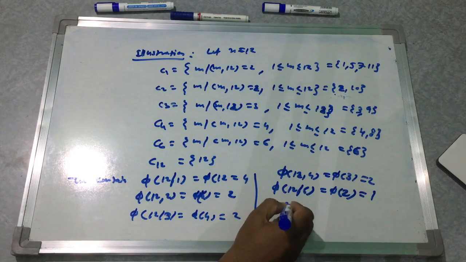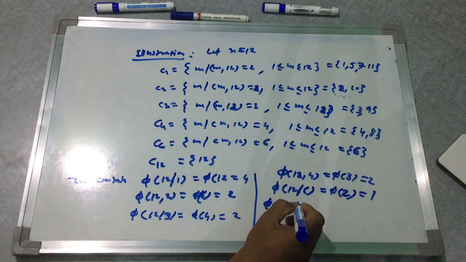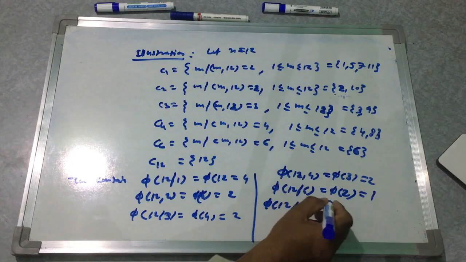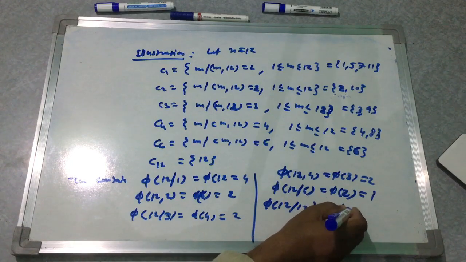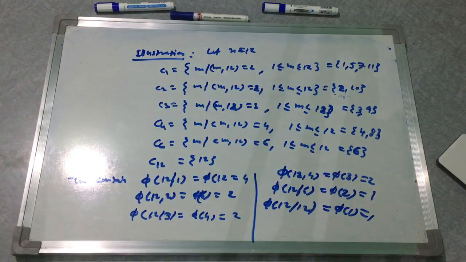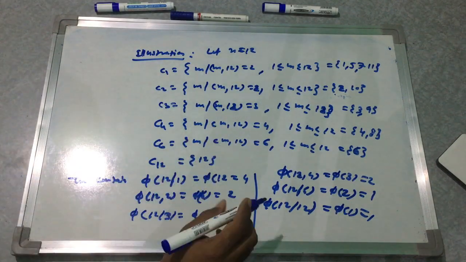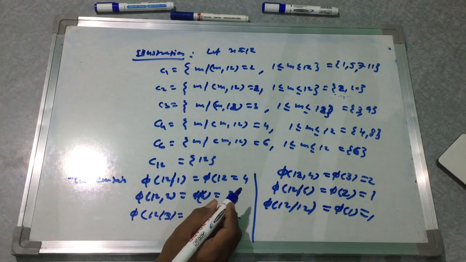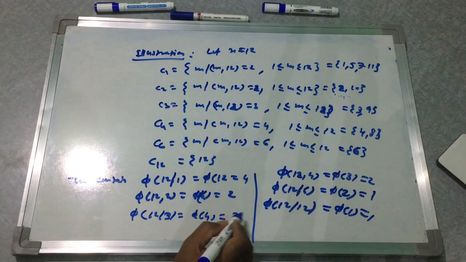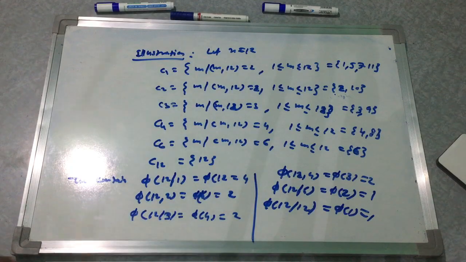Then 12 over 12 is 1, phi of 1 is 1. So all these particulars have been selected, and we just have to make the additions: 4, 4, 2, 2, 2, 1 and 1.